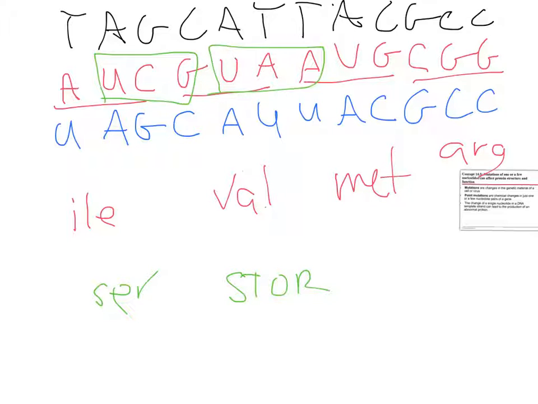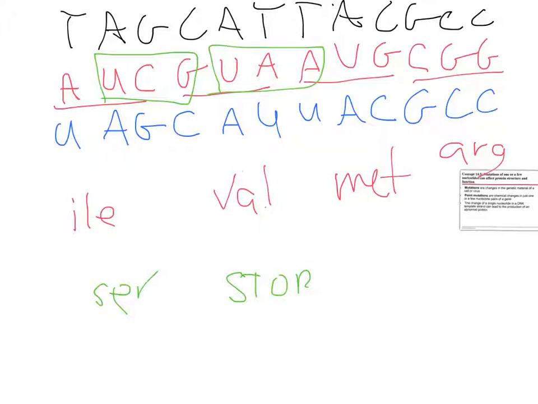What's happened? You end up with what we call a truncated or a non-functional protein. Okay? That is an example of what we call a frame shift mutation. The reading frame, where the ribosome is going to read codons, has been shifted.